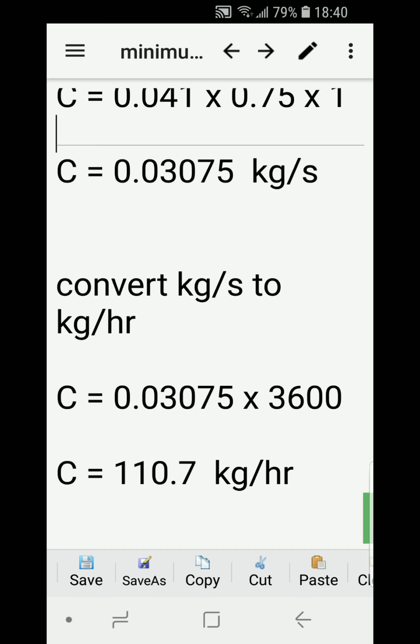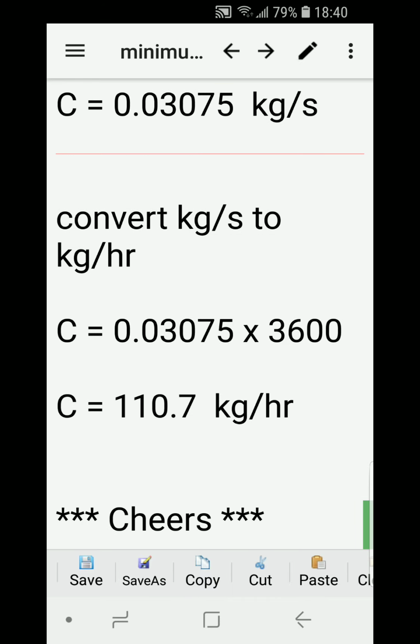However, the problem requires that we need to convert the kilogram per second flow to kilogram per hour flow or capacity. So we just multiply by 3600 in order to get the kilogram per hour of capacity.